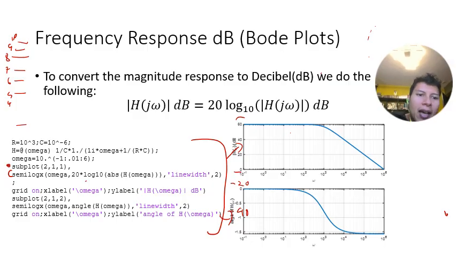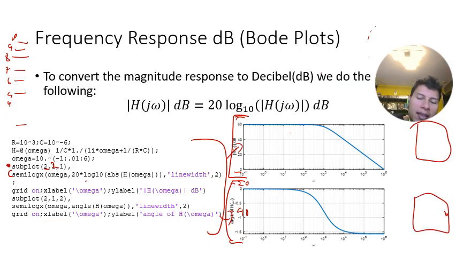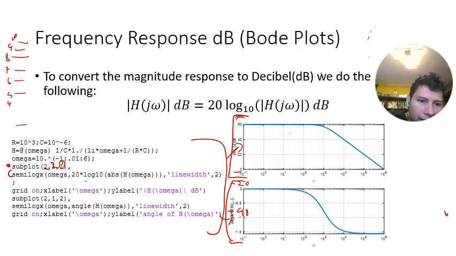And then subplot allows you to have, in this case, 2 figures stacked. If you made this 2 by 2, you could have another 2 figures here, and so on. This is the first figure, and the second figure will be the angle, which I'm also plotting on a log scale. So this is just a very simple code to plot your frequency response.